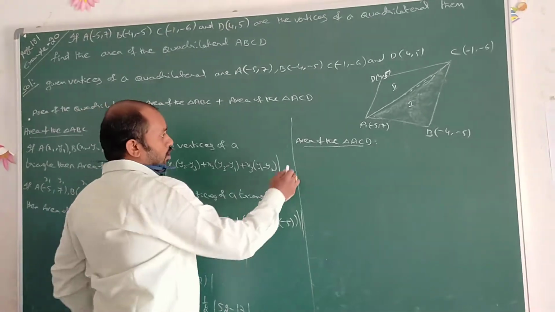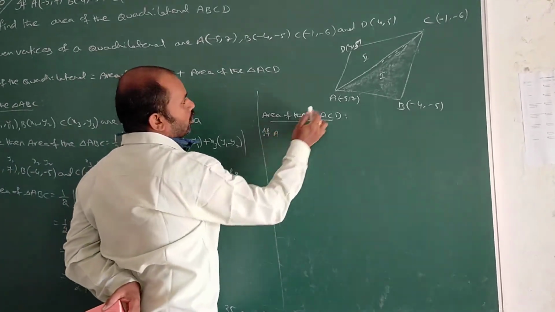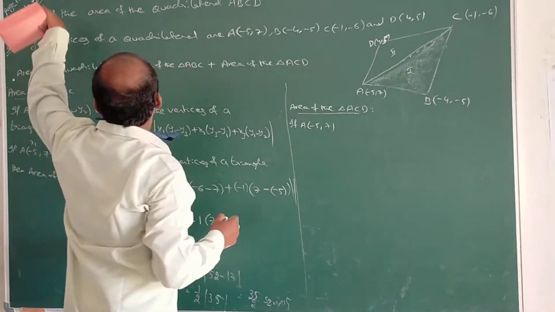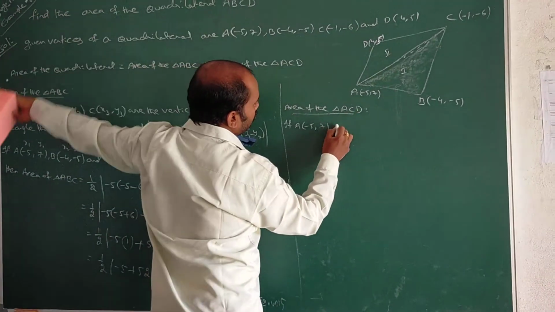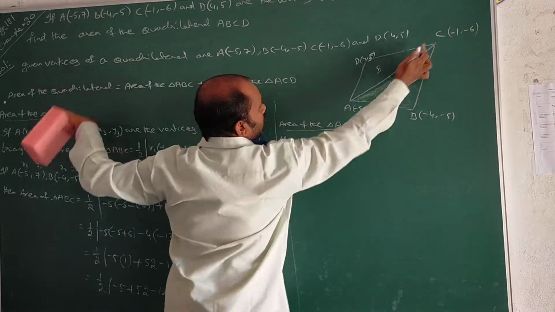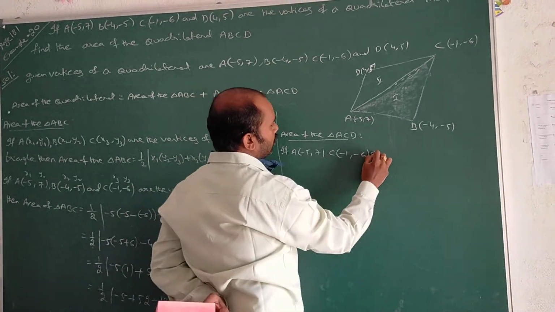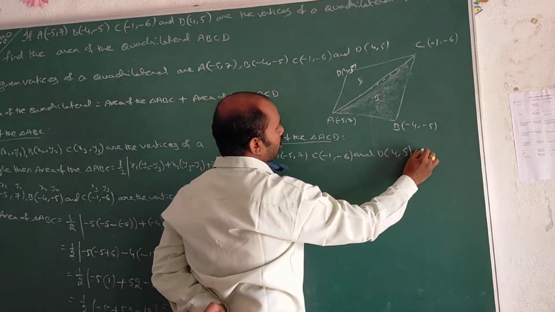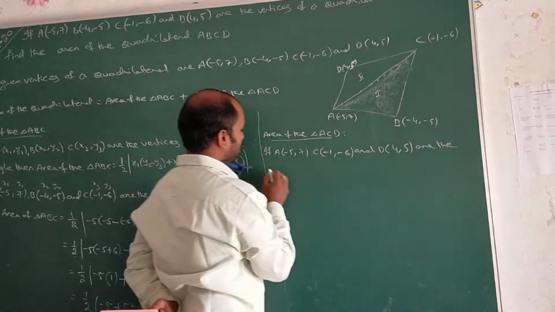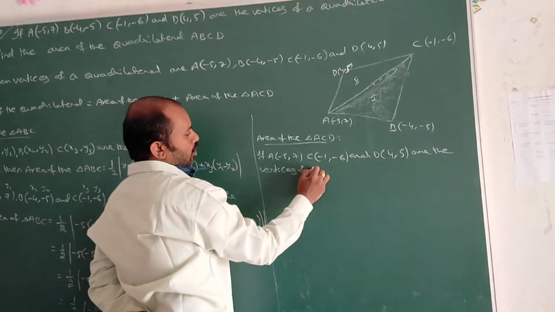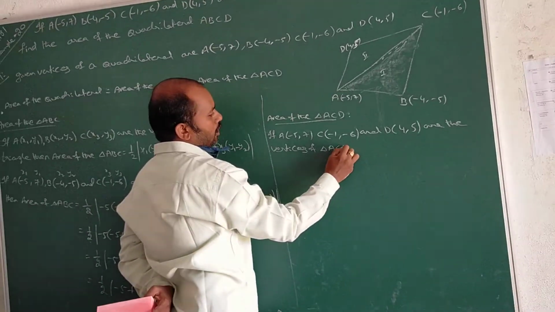Now write: A is minus 5, 7, given. And C is here minus 1, minus 6. A, C and the third vertex D means 4 comma 5 are the vertices of triangle ACD.